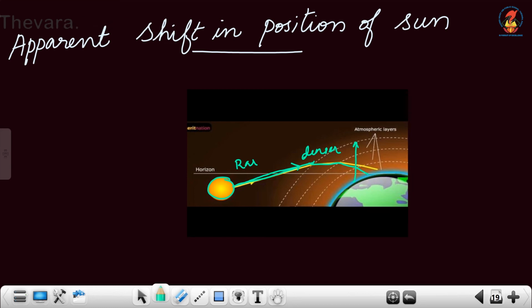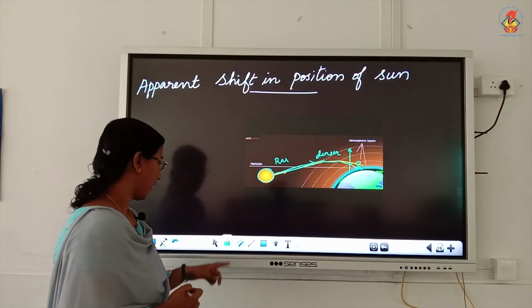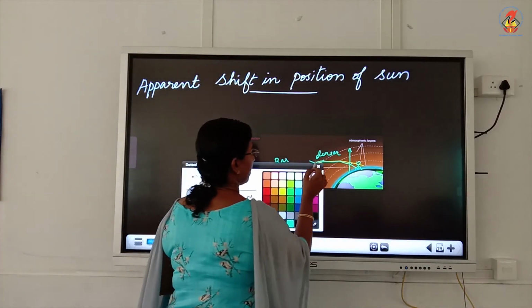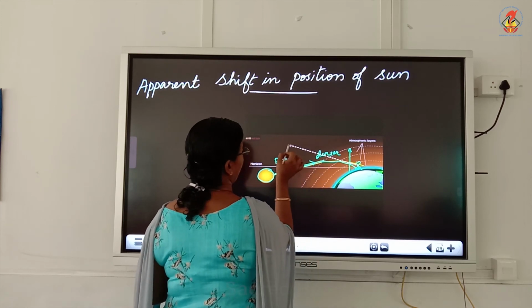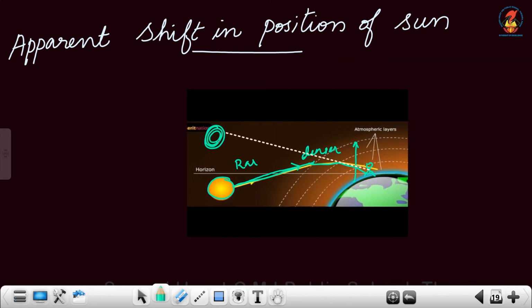And for a person who is standing on the surface of the earth, we know light travels in a straight line. So, for a person standing on the surface of the earth and viewing the sun, it will seem that the sun is somewhere here. So, this will be the sun. But actually, where is our sun?